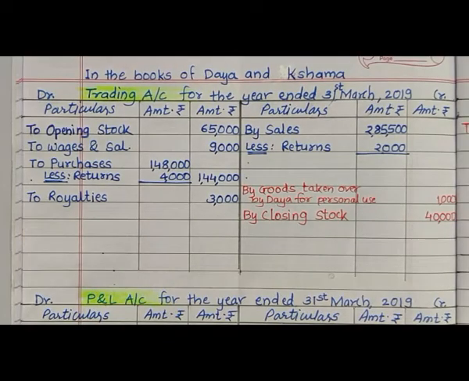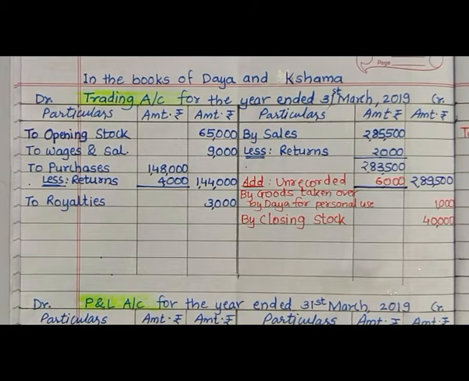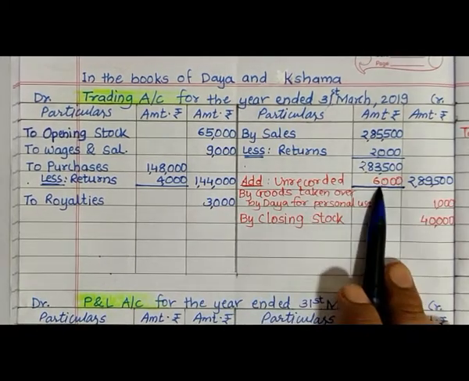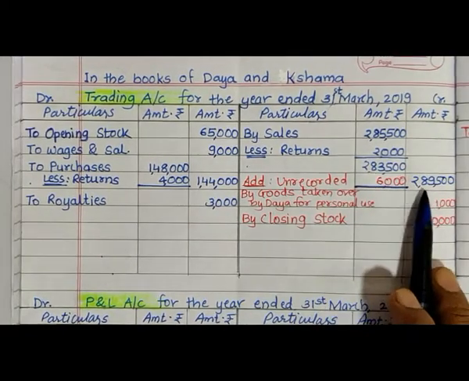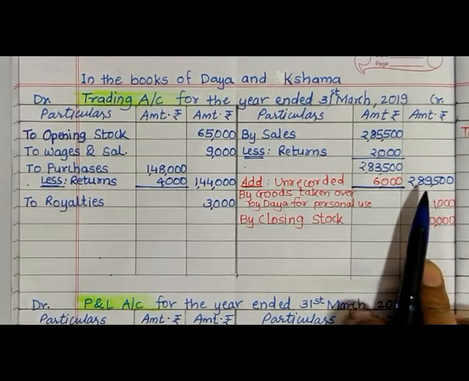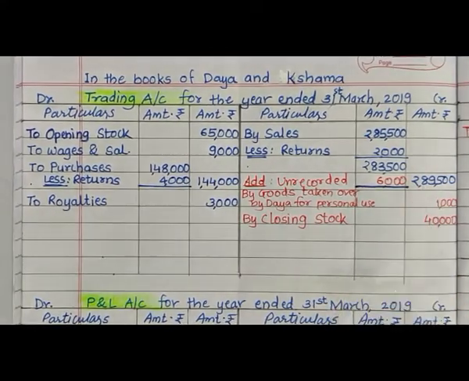So we will add to the sales as unrecorded. Add unrecorded sales 6,000. So total sales, net sales will be 2,89,500. And for the second effect, we will add to debtors.